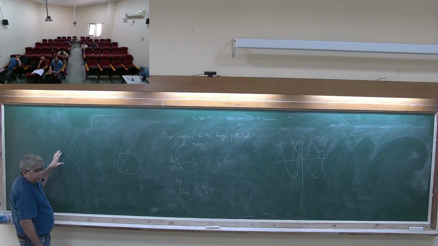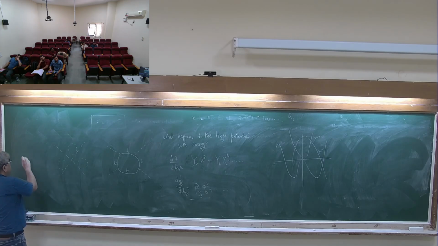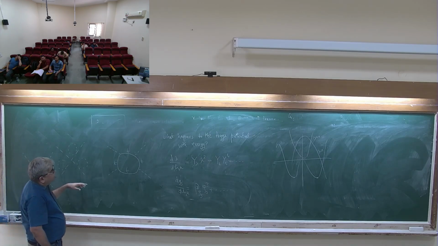In addition, you can also add higher order diagrams, but these are at higher loops. This is also possible, at higher loops. The lowest order you can have is lambda squared.